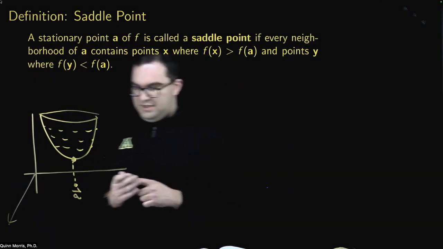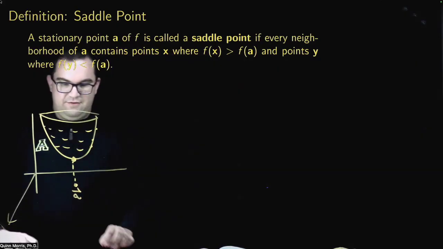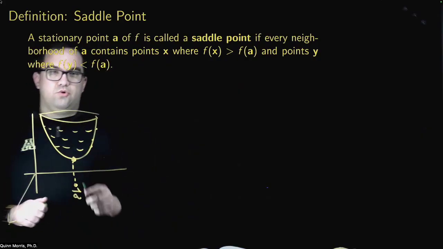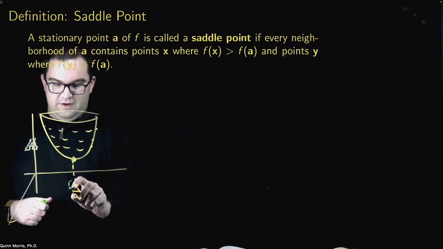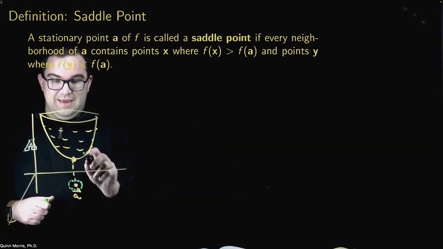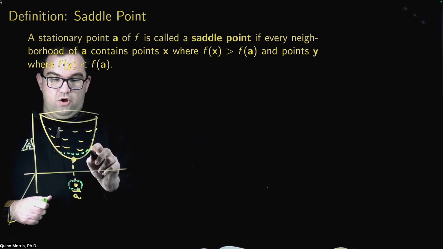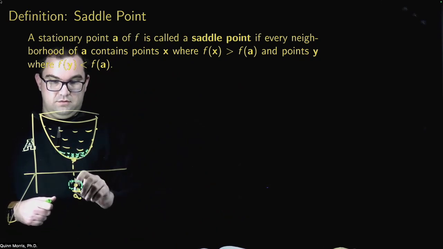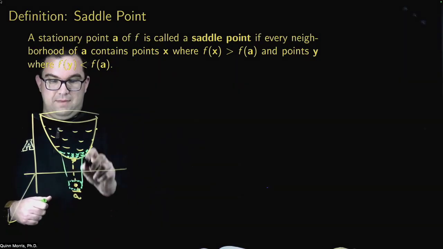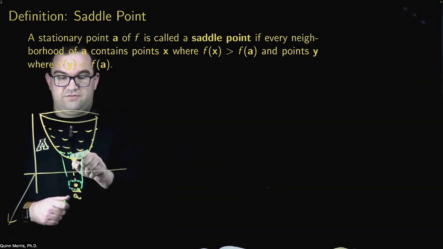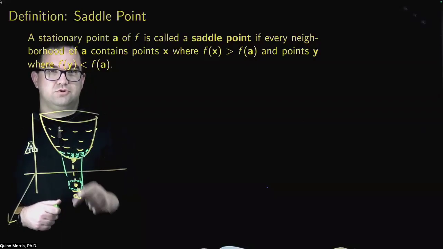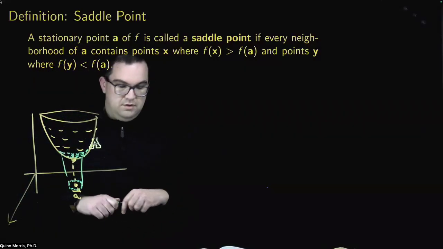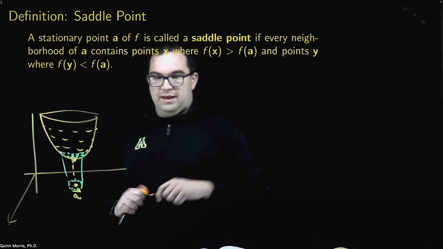This is actually a global minimum, but it's a local minimum because I can find some little neighborhood around A such that whenever I map these x values up, all of these function values are greater than or equal to the value of the function at A.